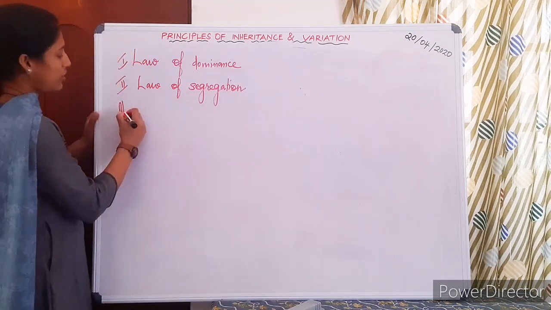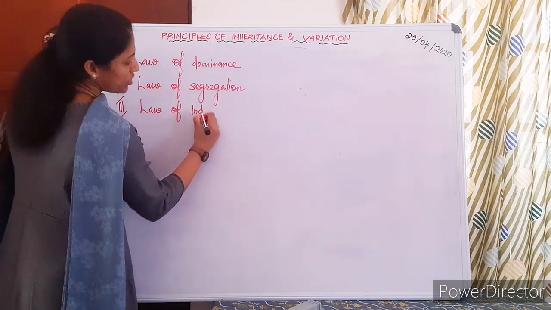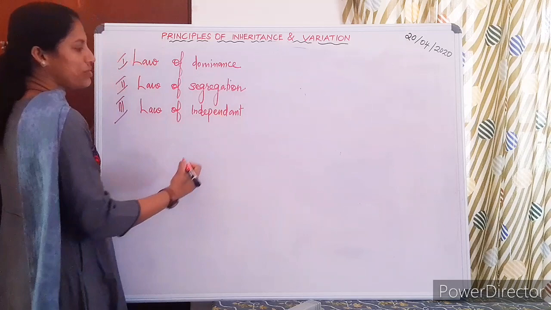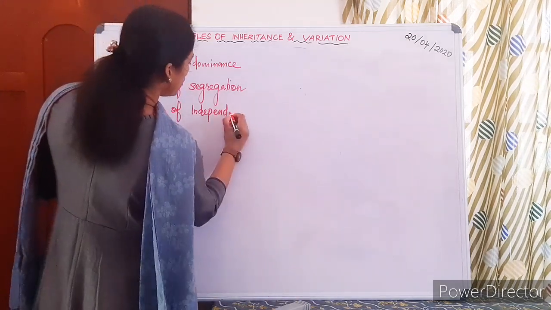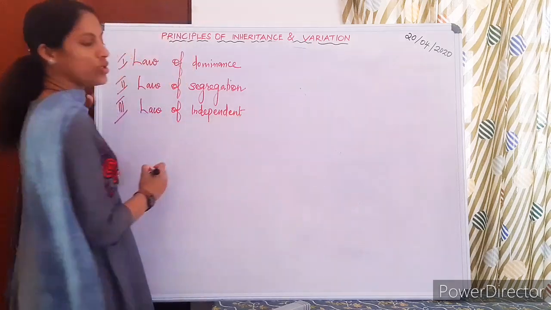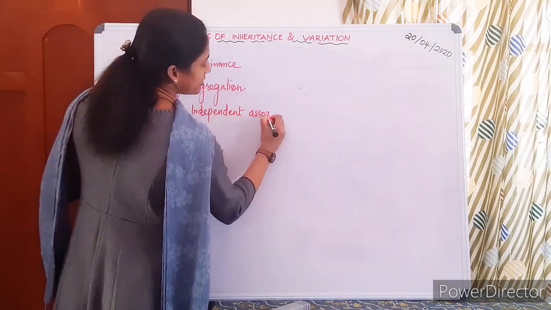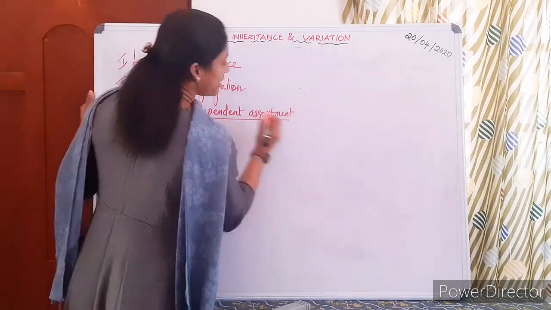The third law is the law of independent assortment. It was developed after the dihybrid cross, so it is related to the dihybrid cross. This is the last law that we need to discuss; the other laws we have already discussed.